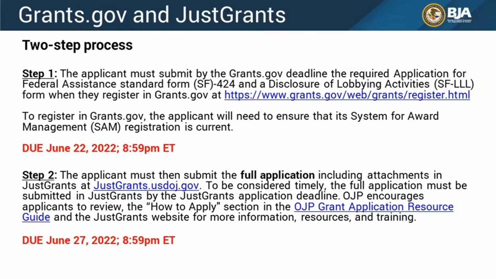Step two, the applicant must then submit the full application, including attachments, in JustGrants, at justgrants.usdoj.gov. This is due June 27th, 2022 at 8:59 p.m. Eastern Time. This presentation today is not a tutorial of how to navigate Grants.gov or JustGrants. This is specifically an informational webinar about the FY 22 Post-Conviction Testing of DNA Evidence Solicitation.